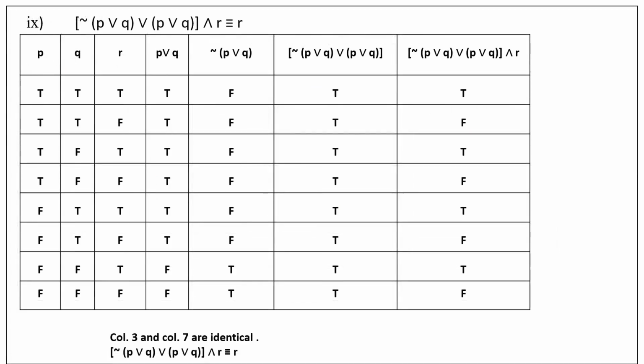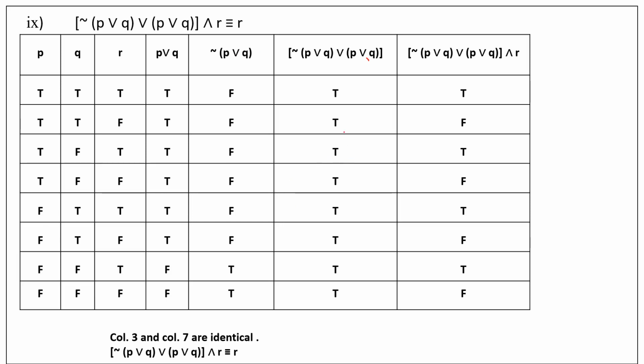Next, now same, we have to prove the logical equivalence by truth table. So as there are three prime components, we take first as P, second Q, third as R, and make this table. Now you know how to make this table. Okay, so this is the table.